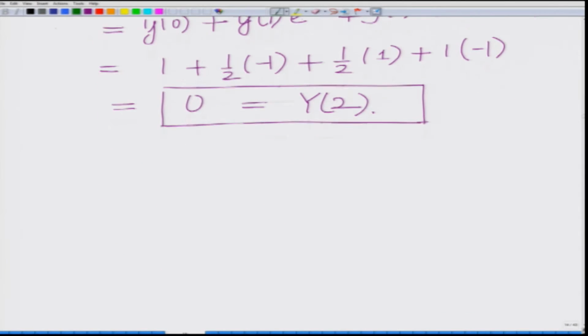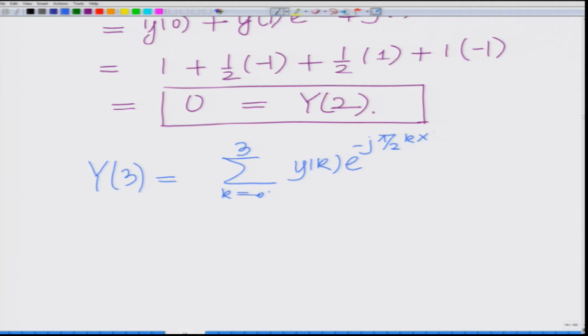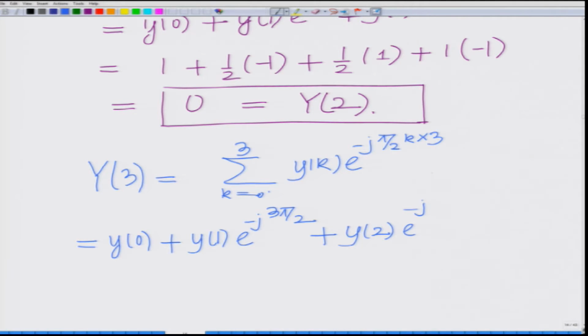And now, let us compute Y3, that is the output symbol on subcarrier 3, which is summation k equal to 0 to 3 of yk e to the power of minus j pi by 2 k into 3, which is y0 plus y1 e to the power of minus j 3 pi by 2 plus y2 e to the power of minus j 3 pi plus y3 e to the power of minus j 9 pi by 2.